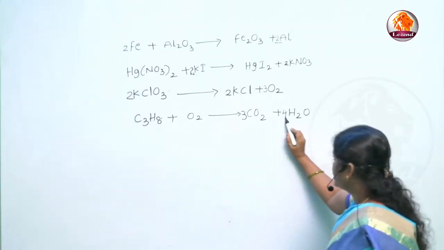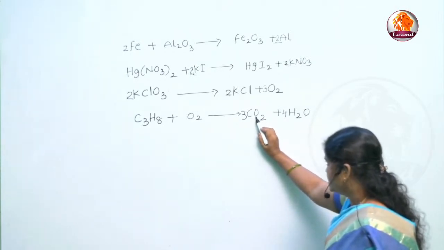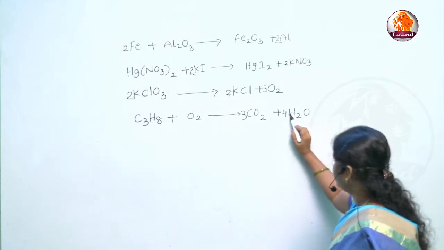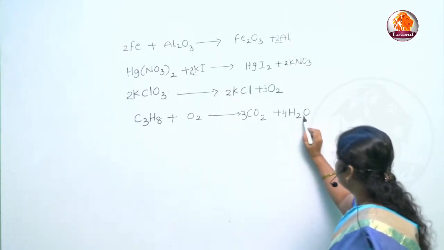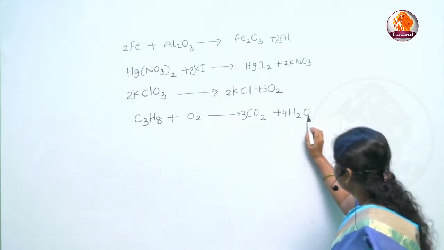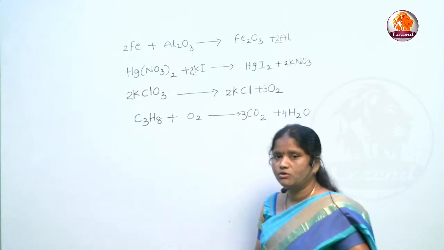Now we have to compare the oxygen atoms. 3 2s are 6 oxygen atoms in carbon dioxide, plus 4 molecules of water means 4 atoms of oxygen. 3 2s are 6 plus 4. Total how many oxygen atoms on the right side? 10 oxygen atoms.